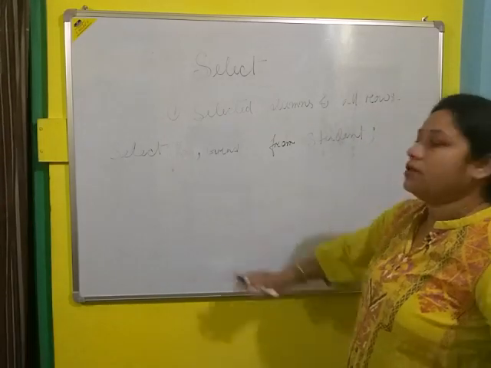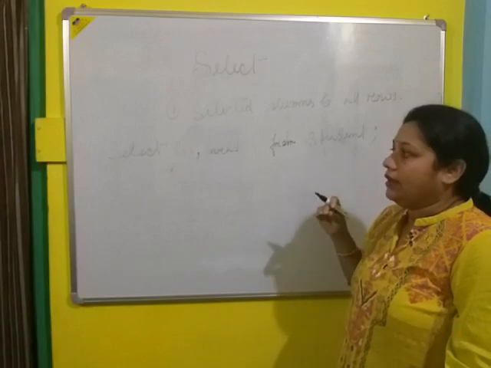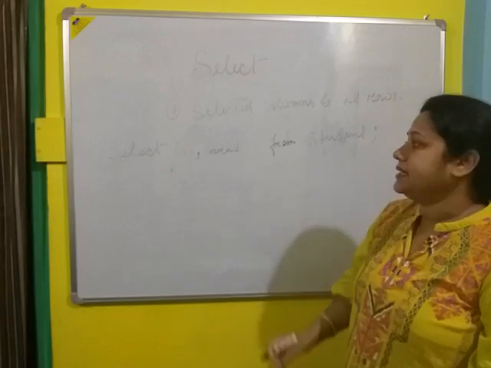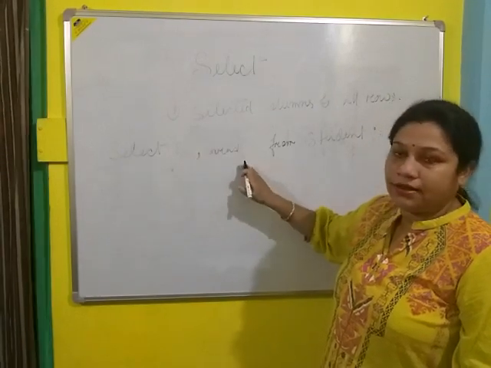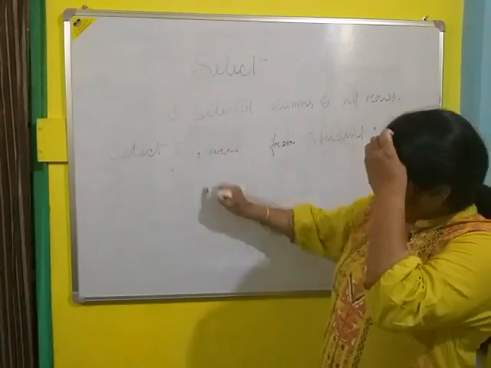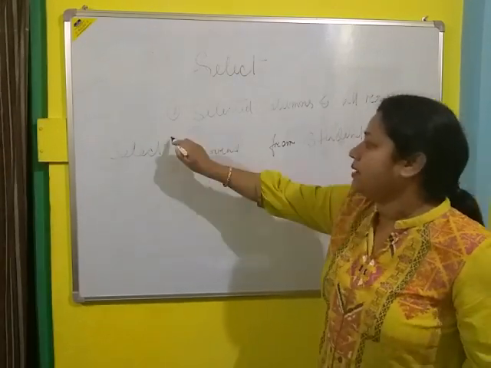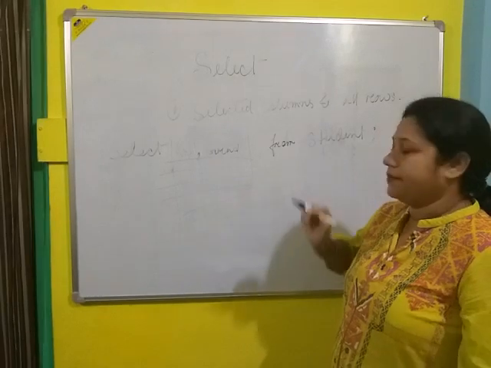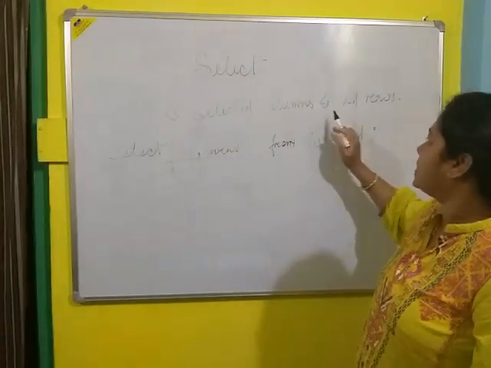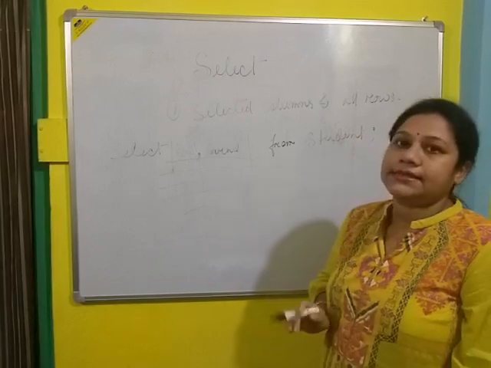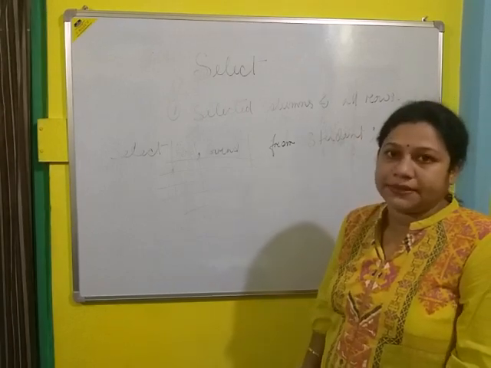Okay. So when you write this MySQL statement, the select statement will display 2 columns, that is roll number and grade, and it will display all the rows of the table belonging to roll number and grade. So by using selected columns and all rows, you can select required columns to display on the computer screen.